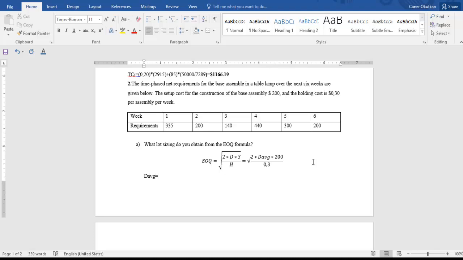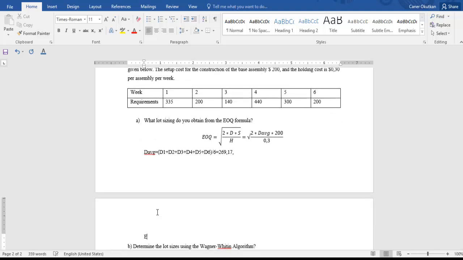To find average demand, we use first week requirements plus second week's requirements plus third week requirements and fourth week requirements and 5 week requirements and 6 weeks requirements equals 269.17 average demand.